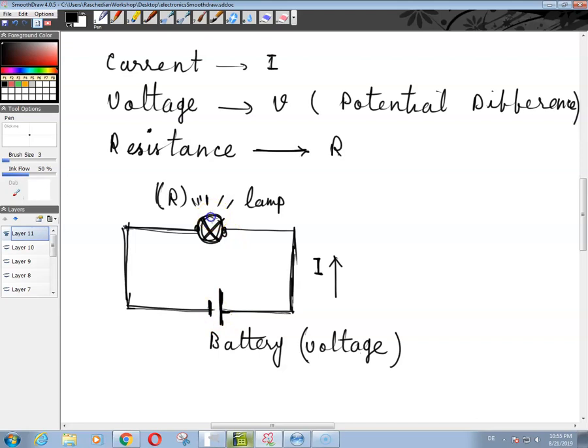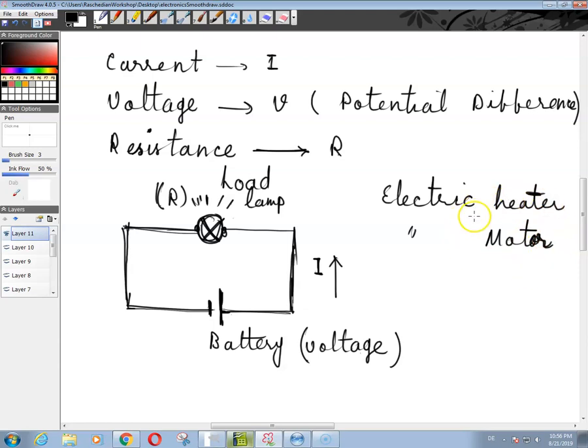This is a voltage and this is a resistance, and your current has to go through some resistance or some load. Your lamp could be, for example, an electric heater with which you boil water. Your resistance could be an electric motor, with which you create some sort of mechanical rotation.